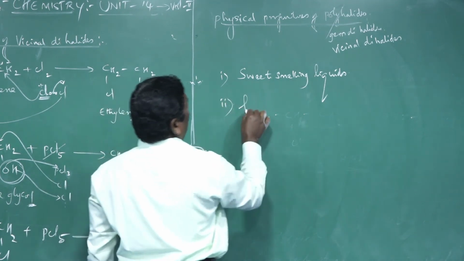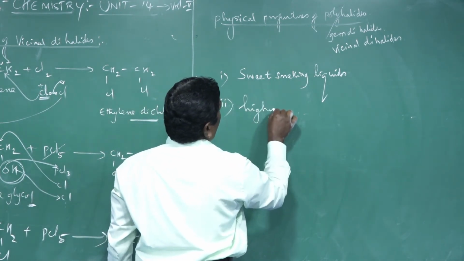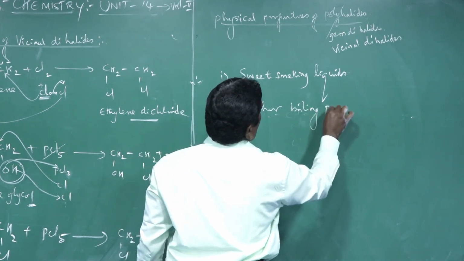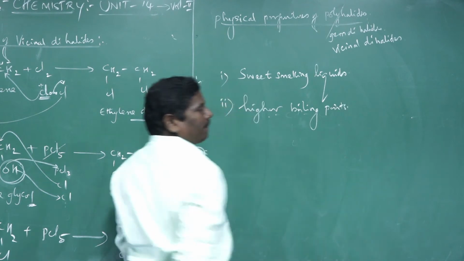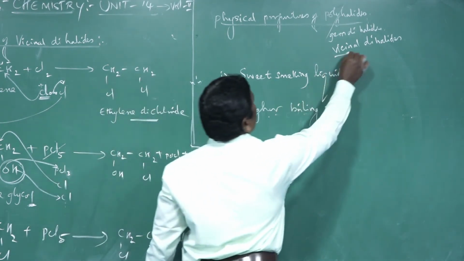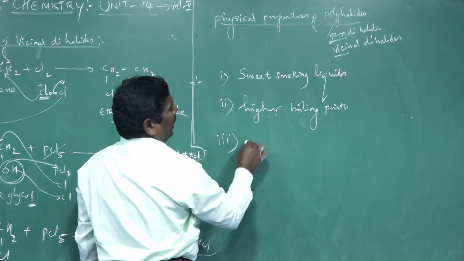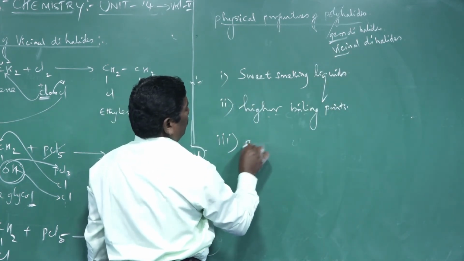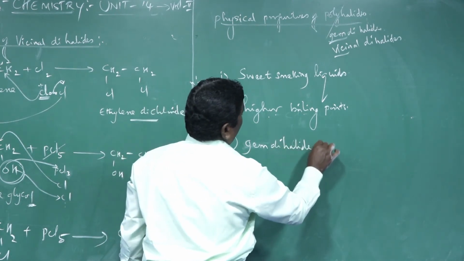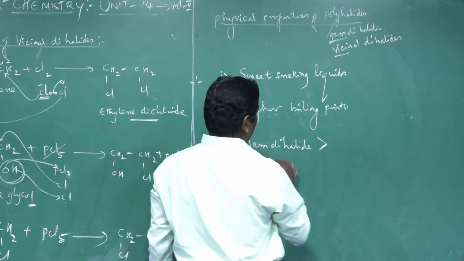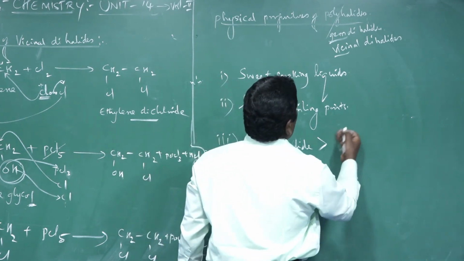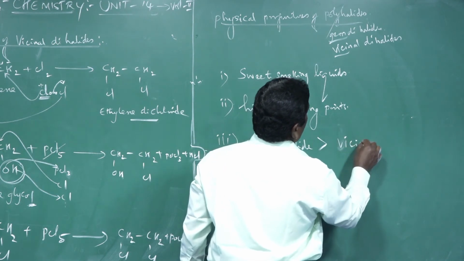Generally, these all have higher boiling points. But comparing gem dihalides and vicinal dihalides, gem dihalides have greater boiling points than vicinal dihalides.